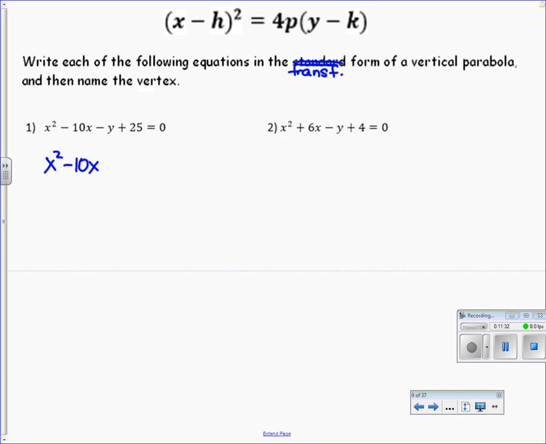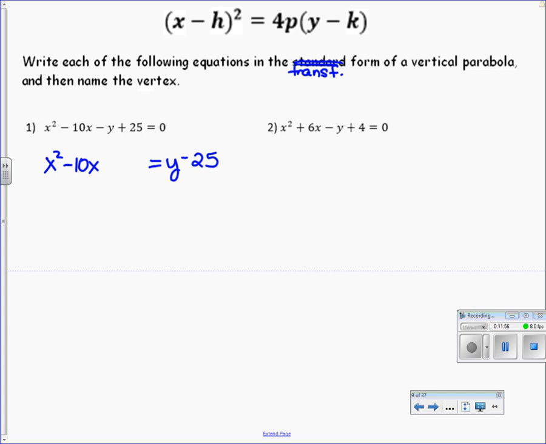So they're going to stay on the left. On the other side, I'm going to leave a little space here. I'm going to move the y over. So if I move the y over, that's like adding y. So that's going to be a positive y. And I also am going to move the 25 over. So it's a plus 25, so I'm going to subtract 25 both sides. So it's a minus 25 now on the right-hand side. So I've separated my terms.